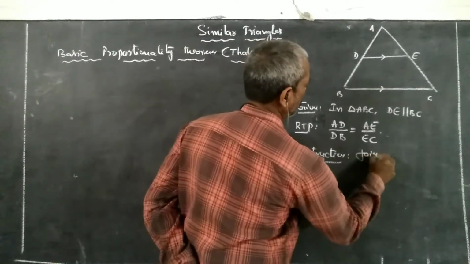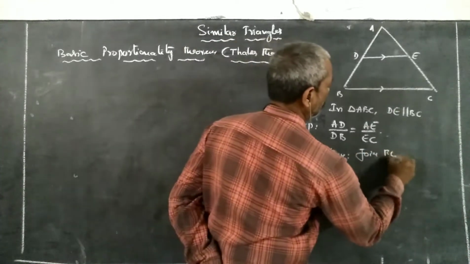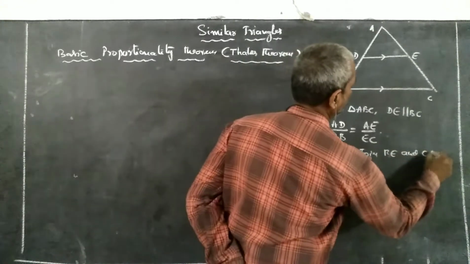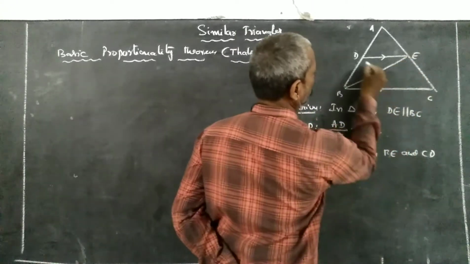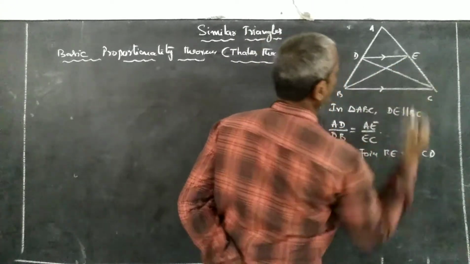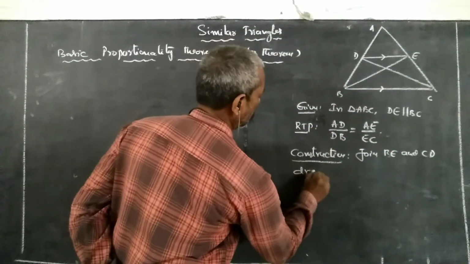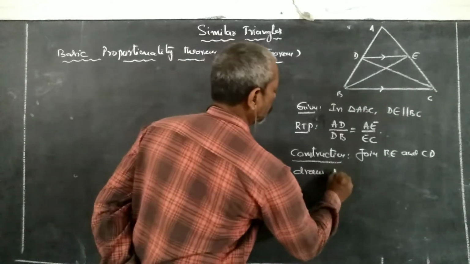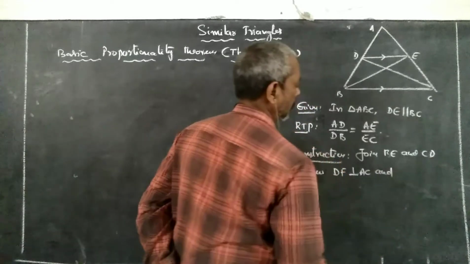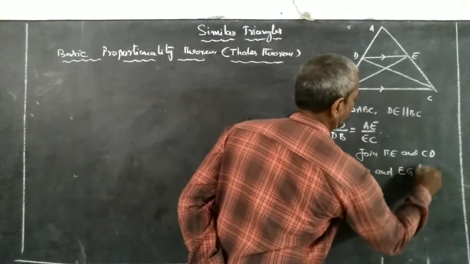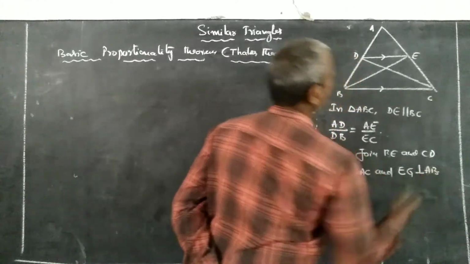Join BE and CD. Also, draw DF perpendicular to AC and EG perpendicular to AD.